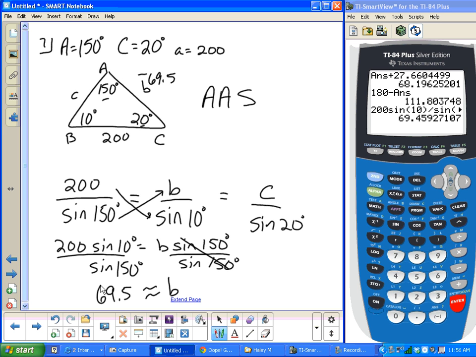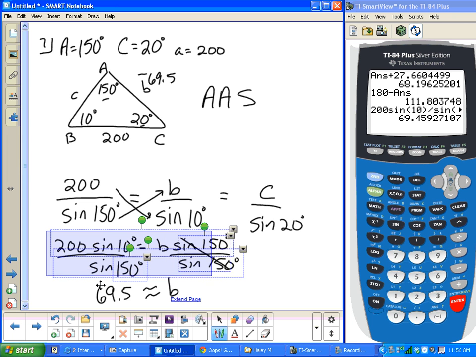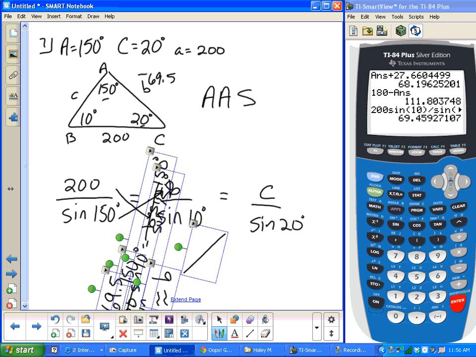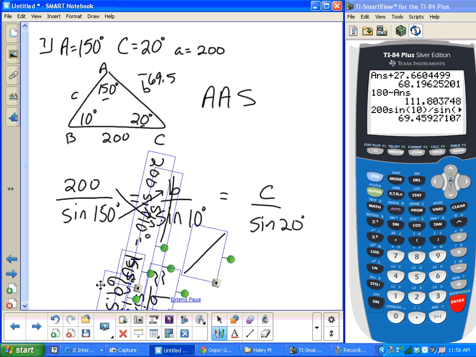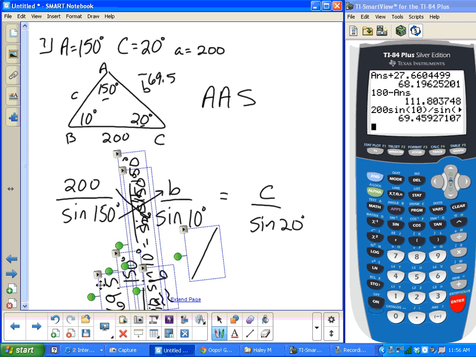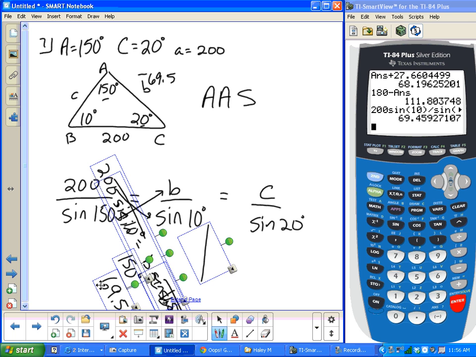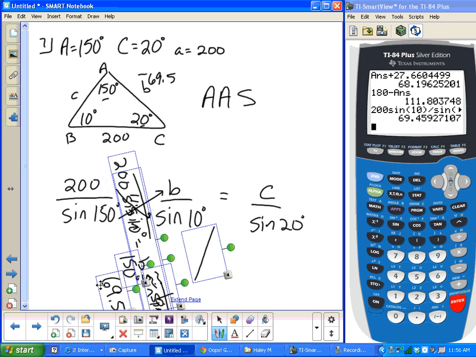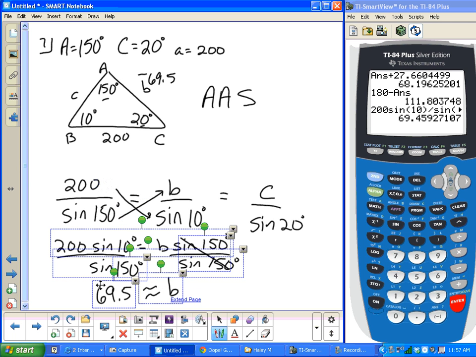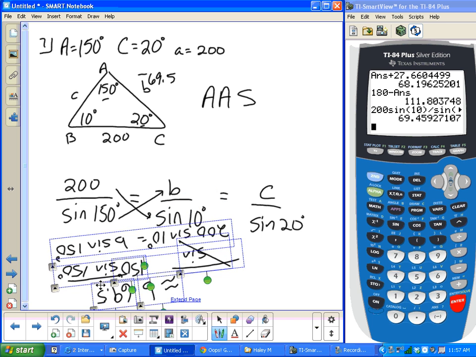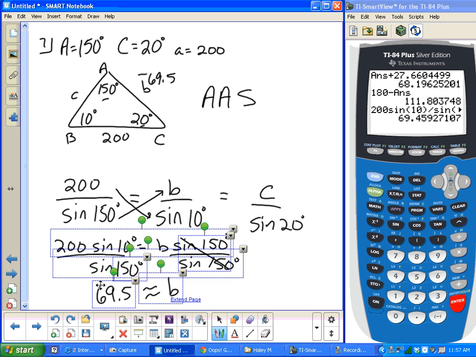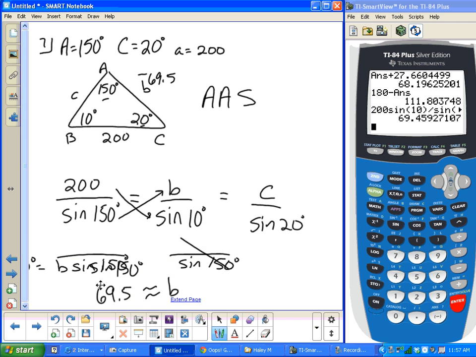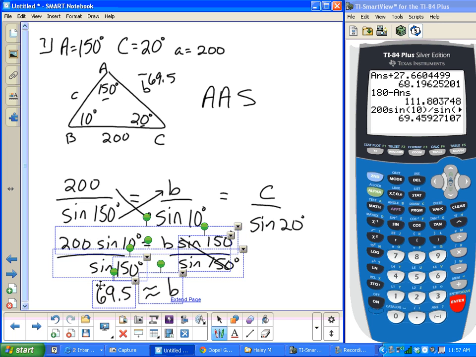Okay, now for side C, let me get this work out of the way. I don't want to spin it around. This just isn't working.